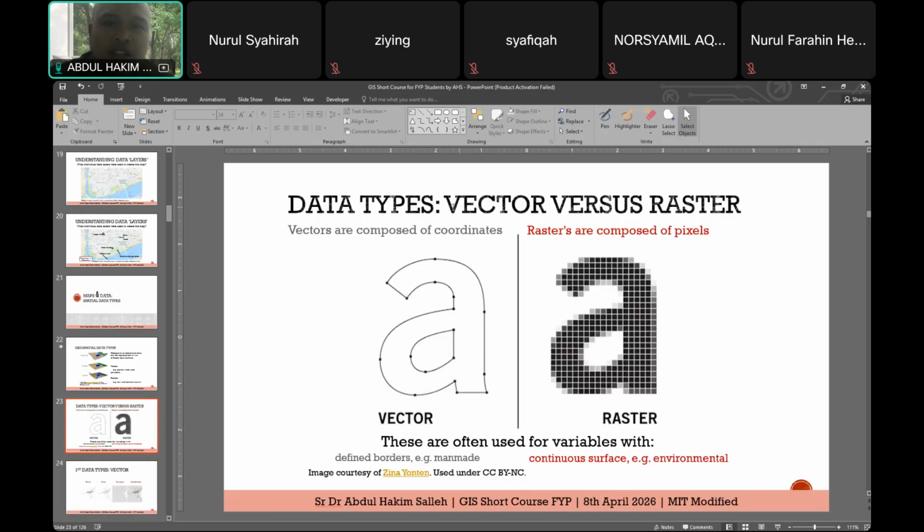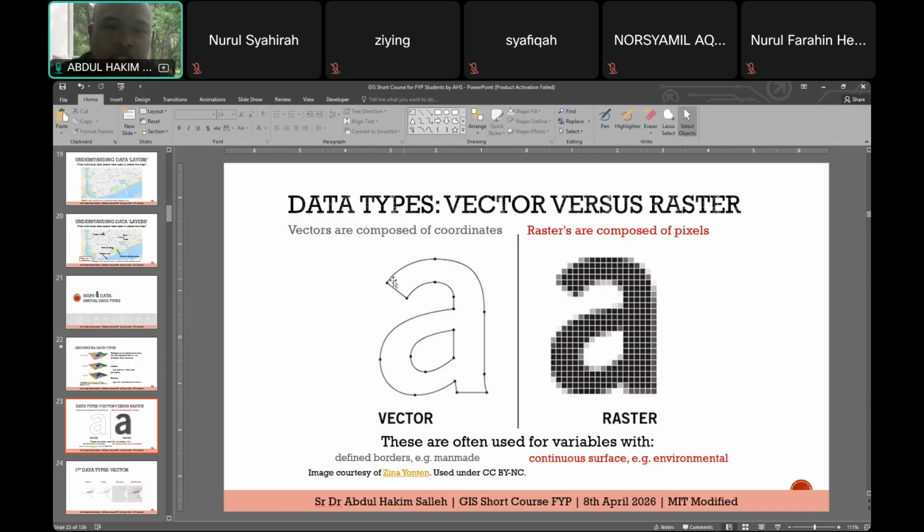So what are the differences between vector and raster? Vector is the type of data that you can easily see based on the representation, like this one.